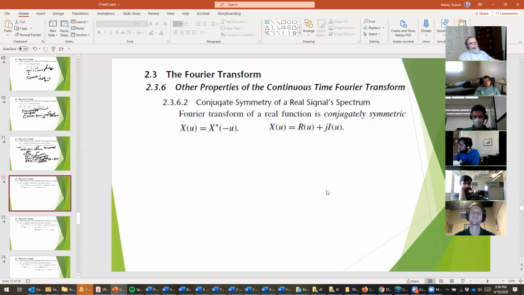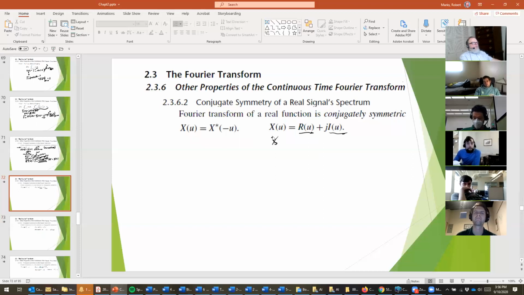This has interesting properties because if this is true, X of u is equal to X conjugate of minus u, and any complex signal can be written as its real and imaginary components. So R of u is the real part of X, and I of u is the imaginary part of X. So notice what happens.